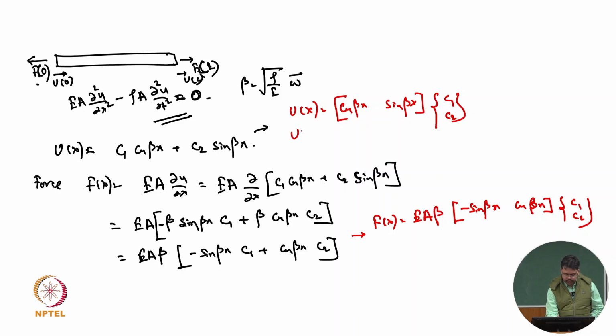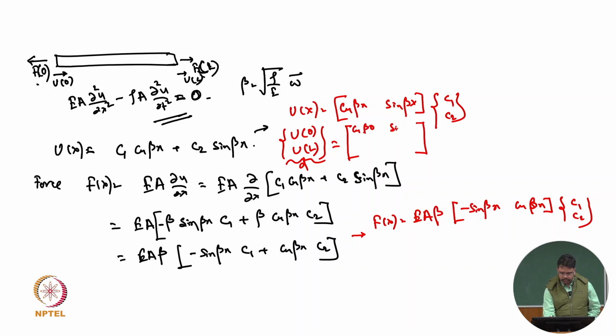So if I say my D vector is u0 ul, then what will be coming here?